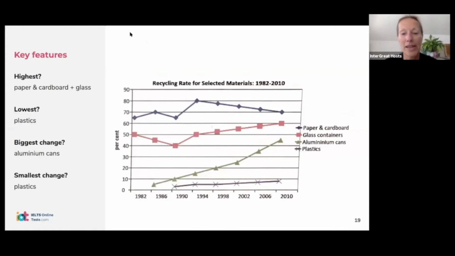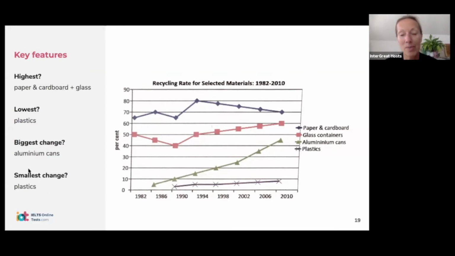Right, so it's useful to look at the highest, okay? As you can see, the highest is paper and cardboard at the top, and then glass, right? So that would be the first thing you mention. The lowest is plastics. And then the biggest and the smallest changes, right?